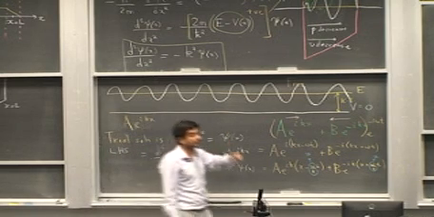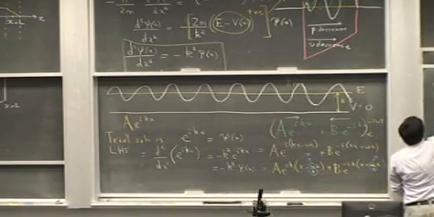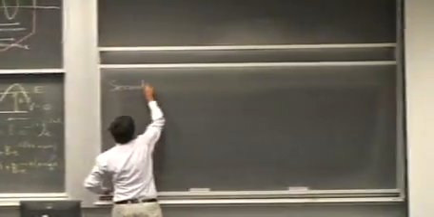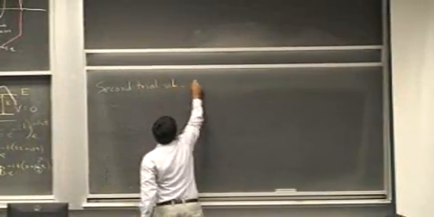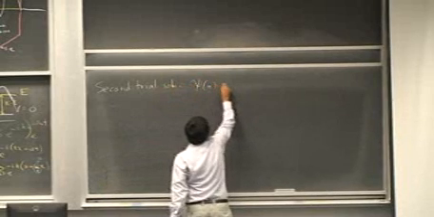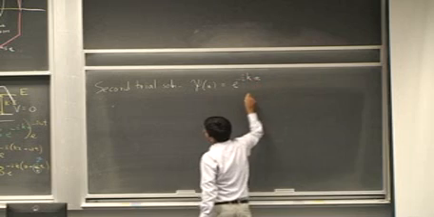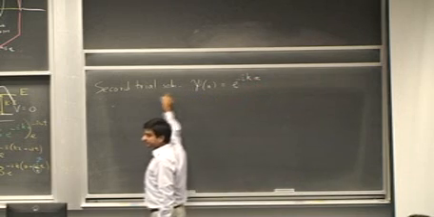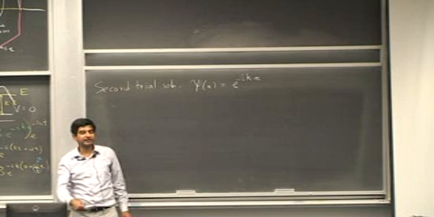Now I propose another solution. Second trial solution. Suppose my wave function is e^(-ikx), or my trial solution is e^(-ikx). I have to verify that this is a solution. Can you verify this for me, please?